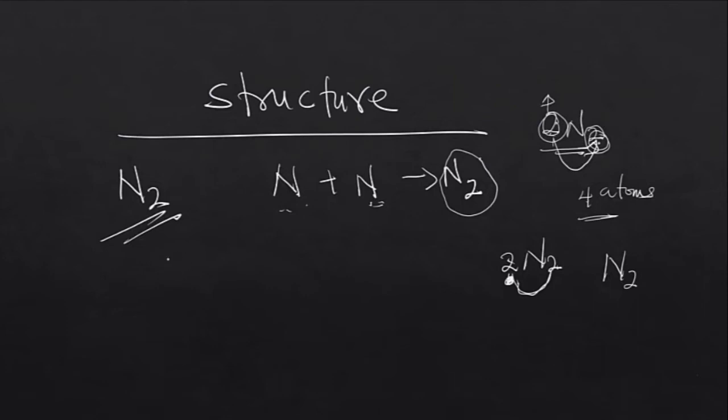But class, wait. Take a look at something like this. This is CO2, carbon(IV) oxide. Am I going to call this a molecule or a compound? Class, you can see that I have atoms of different elements here. Carbon is an element. Oxygen is another element.